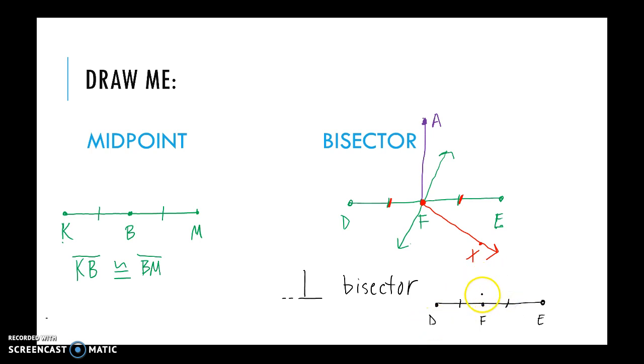And then if it's perpendicular, I have to make sure that that bisector actually looks like it's perpendicular to segment DE. So what do I have to put in? My marking to show that two segments are perpendicular.